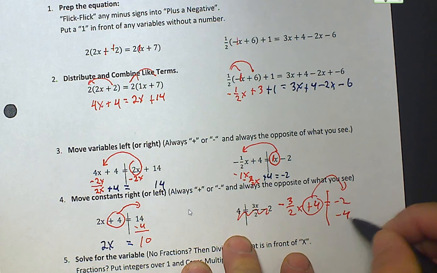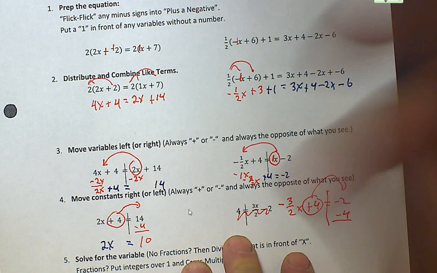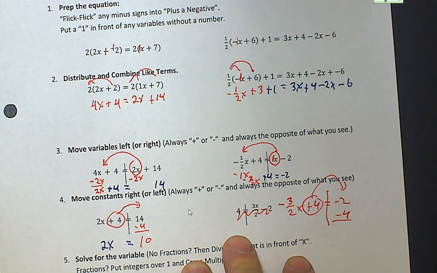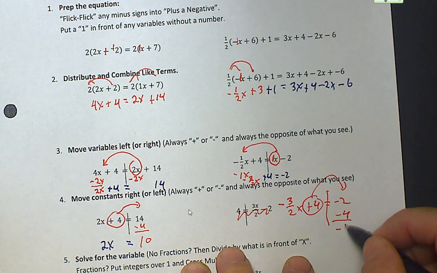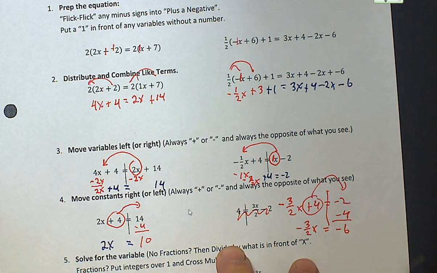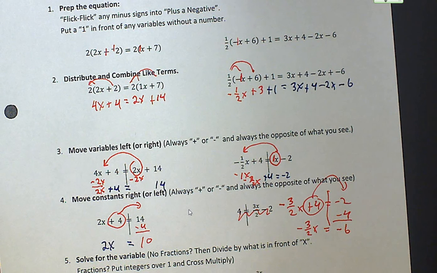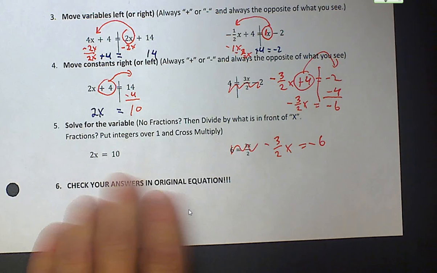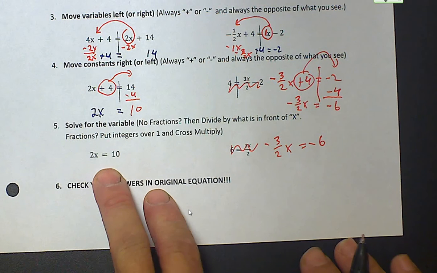So negative 2 minus 4? Negative 6. So negative 3/2 x equals negative 6 right there. Okay. All right.